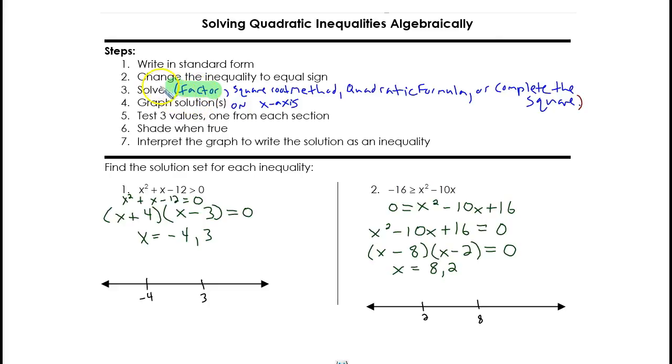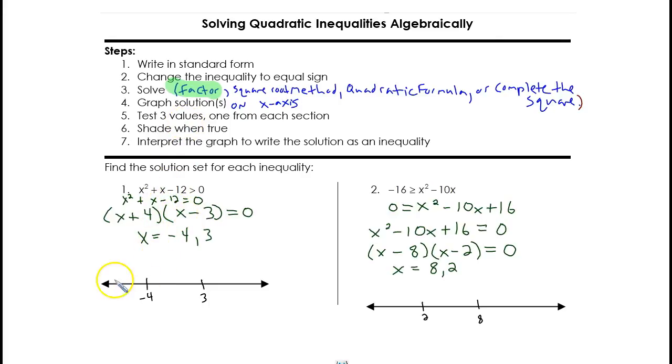Now, you'll notice that I have already factored all of the inequalities as we go through. I've changed them to an equal sign and I've factored them. And that's because we've already learned how to factor. I might talk about it really quickly, but I don't want to spend a ton of time for each question factoring and then doing the other stuff, which is the new stuff. So I did the old stuff.